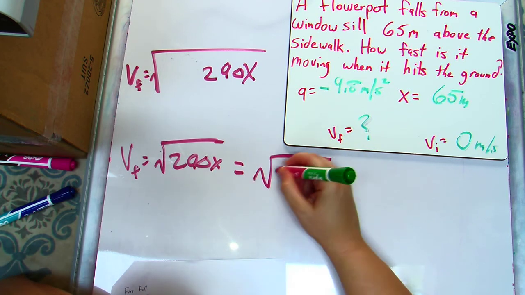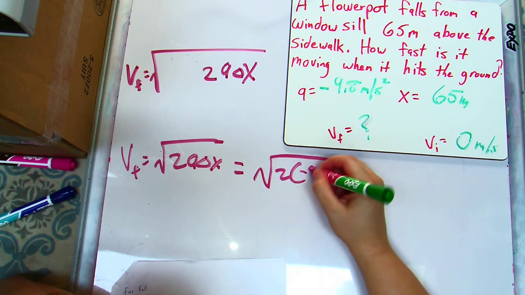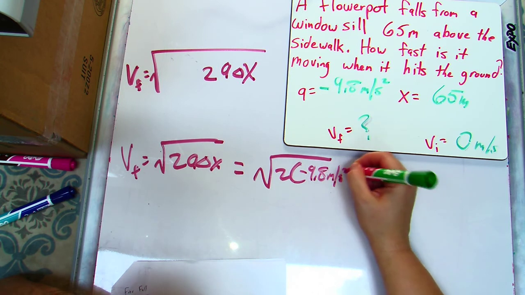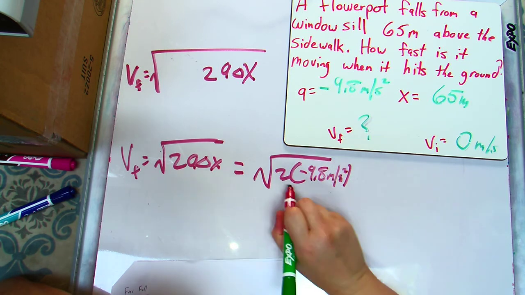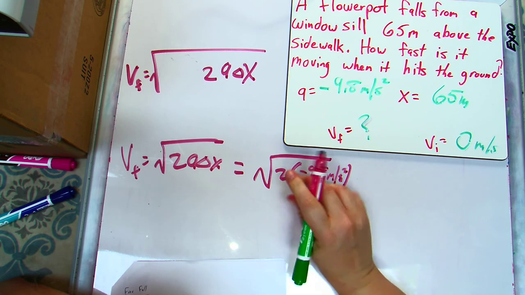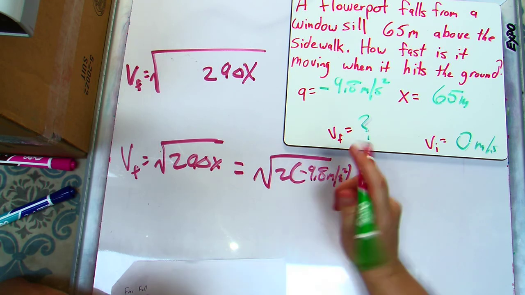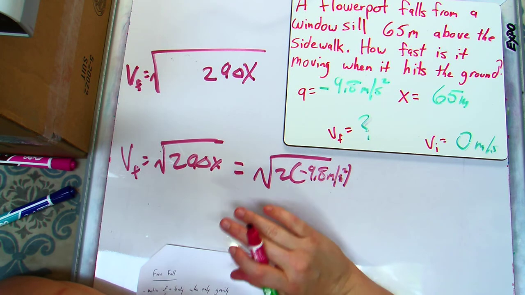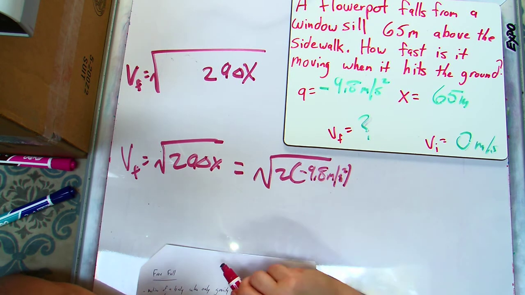So square root of 2 times negative 9.8 meters per second squared. Now, most calculators are probably going to give you an error message for putting the negative sign underneath the square root sign. So for the actual putting it into the calculator part, you might want to leave that out.